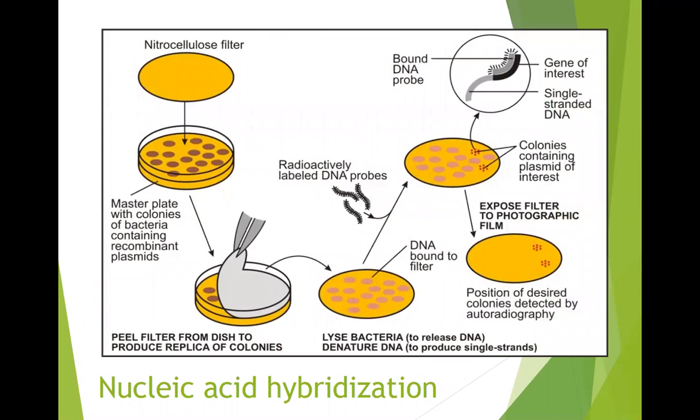So this is how the nucleic acid hybridization is carried out. We have the master plate where we plate the colonies of bacteria containing recombinant plasmid. That means the clones from the DNA library will be plated on the master plate. After the colonies are grown, you use nitrocellulose filter paper and take the imprint of these colonies.